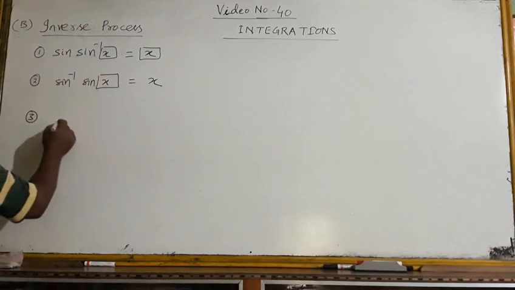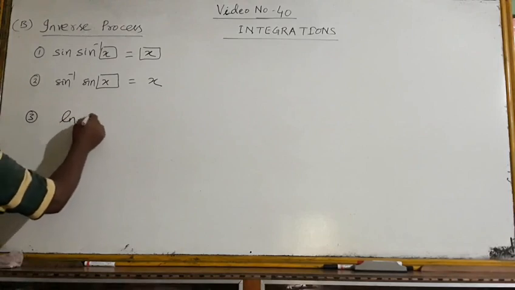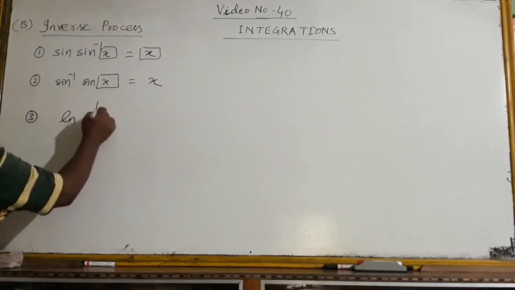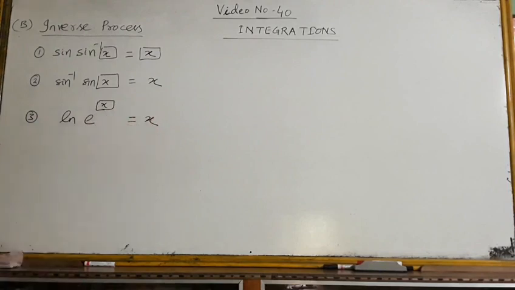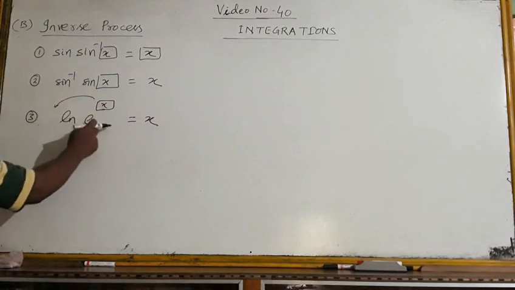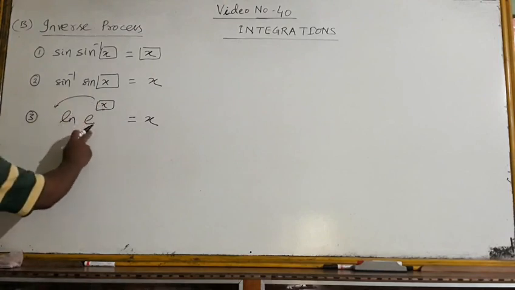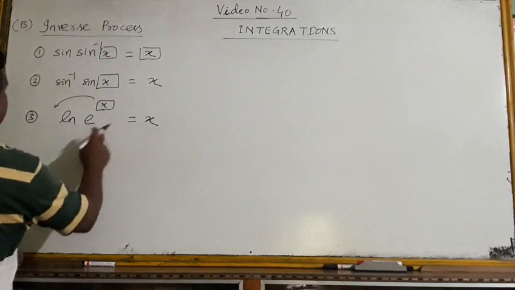And you know, ln e to the power box means the box, x. It is also x because the power comes to the front and ln e is 1. They are inverse processes, logarithmic and exponential.